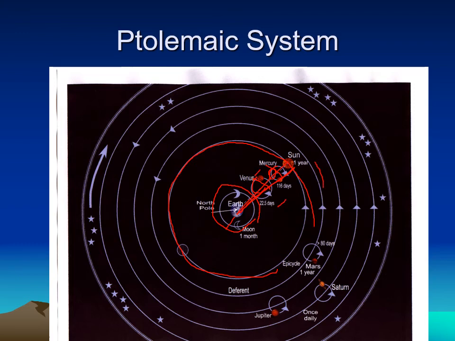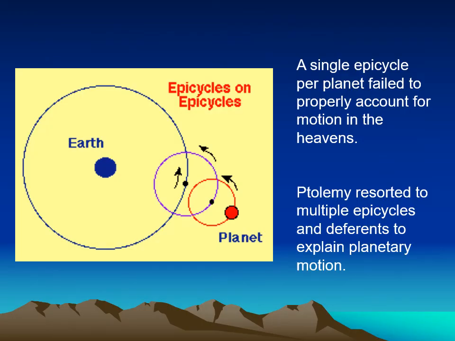The other planets went around epicycles also, because that seems to explain retrograde motion. But he also knew the math didn't work out right. So his idea was it went around an epicycle that went around an epicycle, which went around an epicycle, and if you put all these motions together, with 30, 40, or 50 epicycles, the math came out kind of close to what was actually going on in the sky.